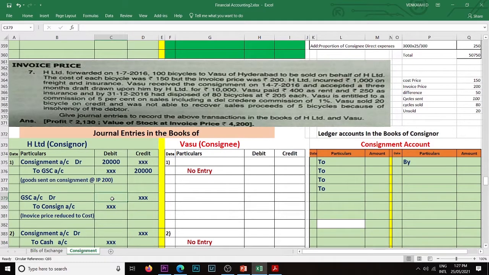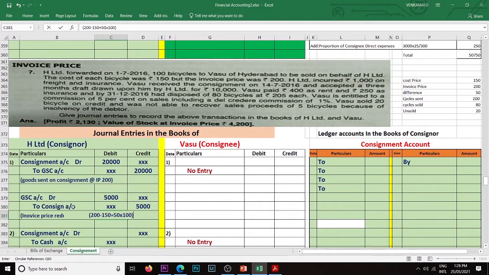And here we have to find the difference: 50 into 100, 5,000. From where did I get the 50 difference? Invoice price 200 minus cost price 150 is equal to 50, into how many cycles? 100 cycles.